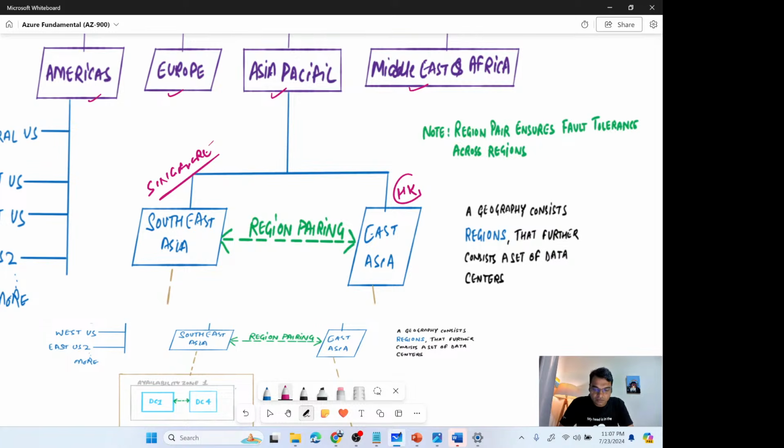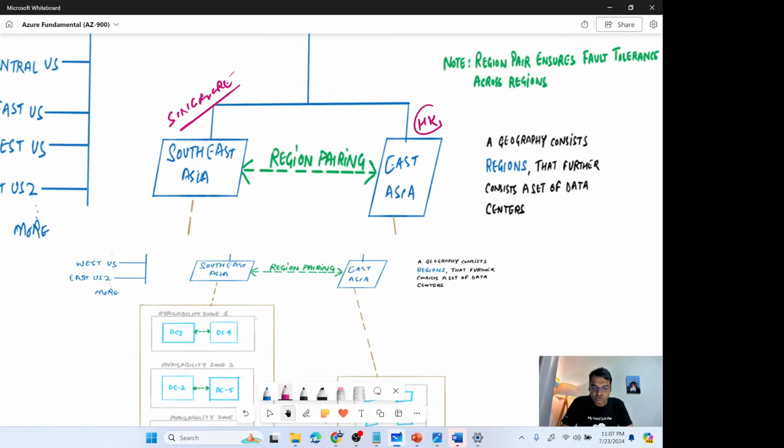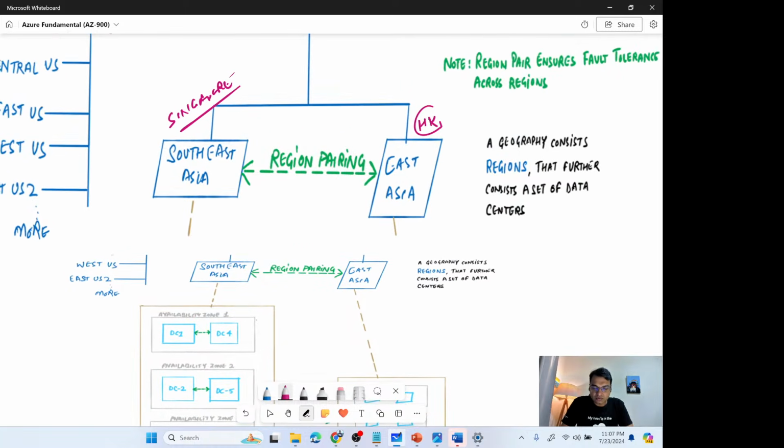Now, within region, and I'll come to this region pairing, whenever you deploy something, let's say today I decided to start my own business and I needed some compute, right? I choose Southeast Asia region, I go to Azure portal, I choose Southeast Asia and I deploy that.